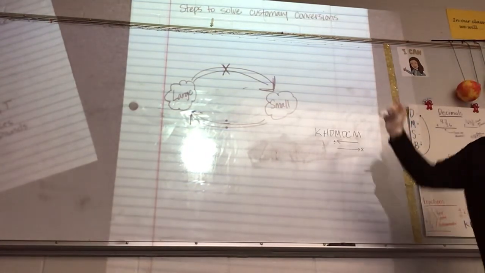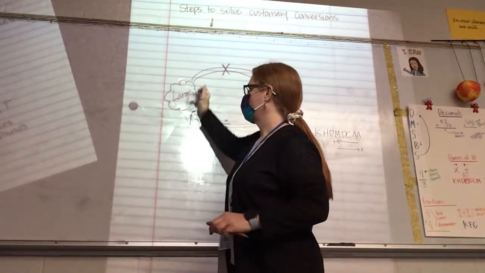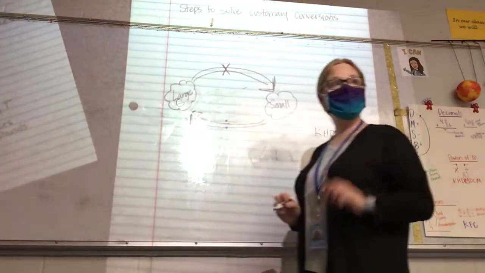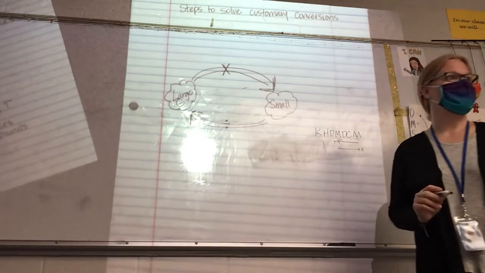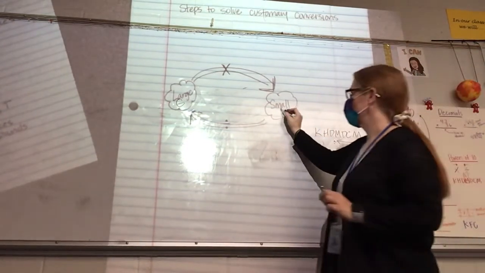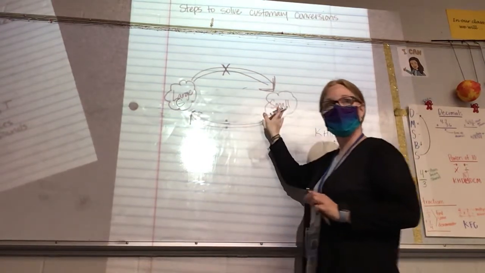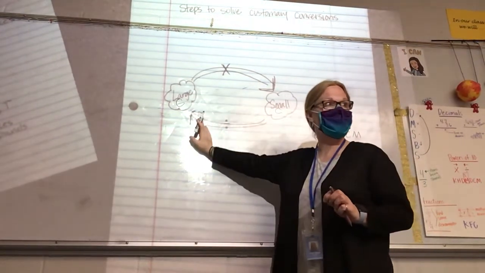Okay? Let's look at this right here. Let's say I start at a large unit, like a gallon. You don't have to write that down. And I'm changing the gallon to cups. Did I start with a large and go to a small, or did I start with the small and go to a large? Start with the large one.